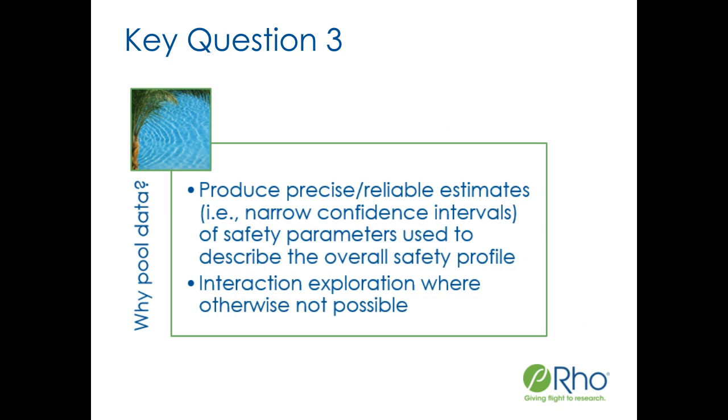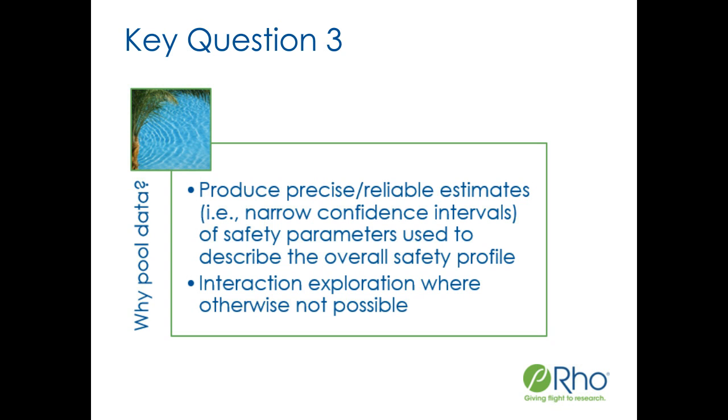You would pool your data because, once again, your individual trials are not really set up as far as the sample size is concerned to show safety trends, especially for more rare events. The more data you have, the more precise and reliable your estimates are going to be.